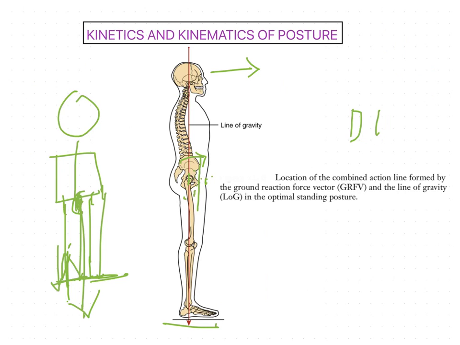If this force becomes greater than the muscular contraction, then it will create the gravitational moment here, otherwise it will not. When an unbalanced force is created around the joint by this gravitational moment, it is called an external gravitational moment.